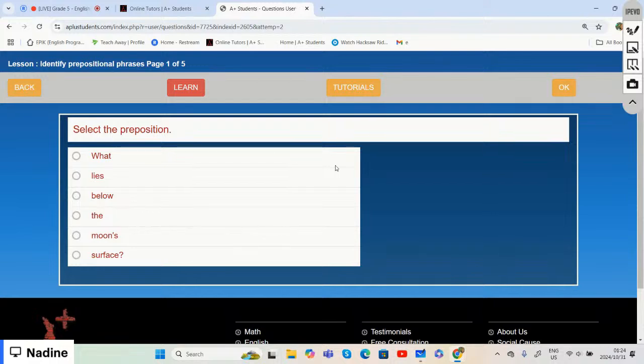So we need to select the preposition. Which one is correct?